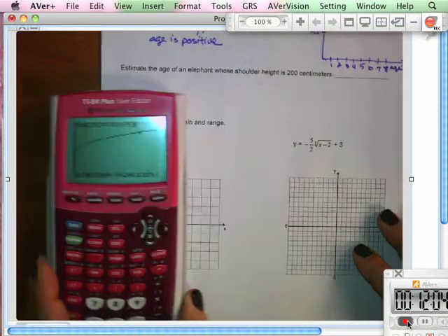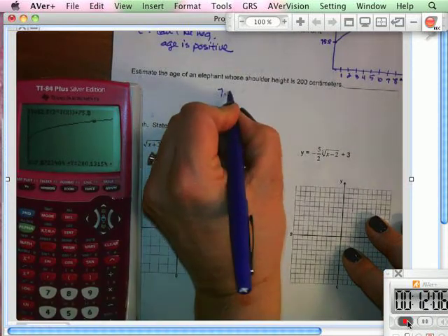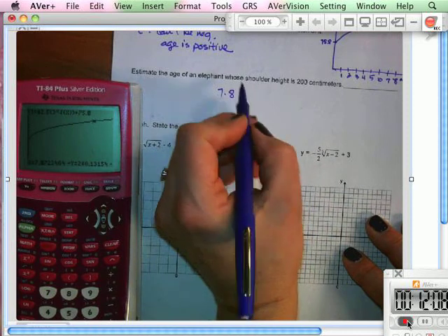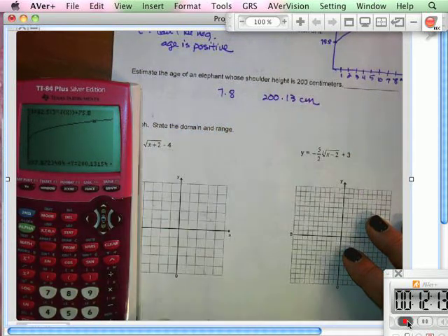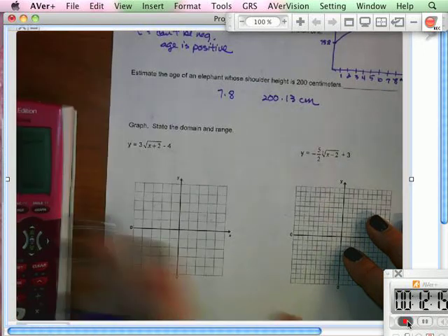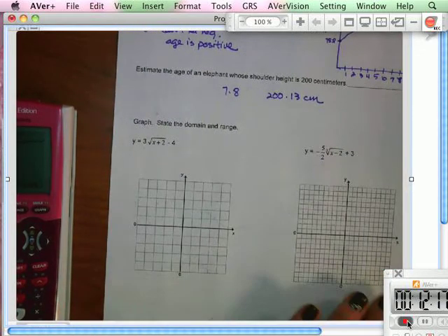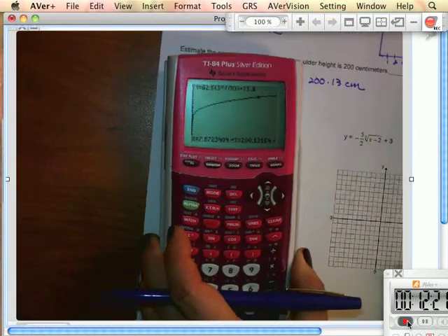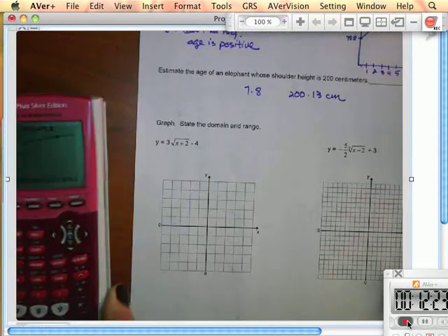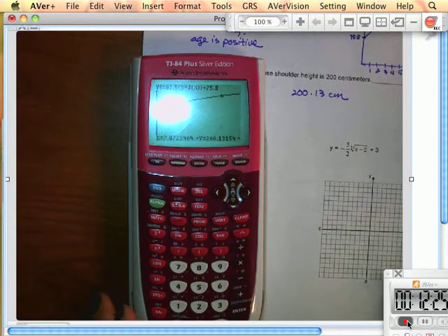7.9, let's say. 7.9. Just work with me. And you're doing 7.8. It's 8/10 of a year through. I guess it's about, yeah, about 7.9, almost 8.